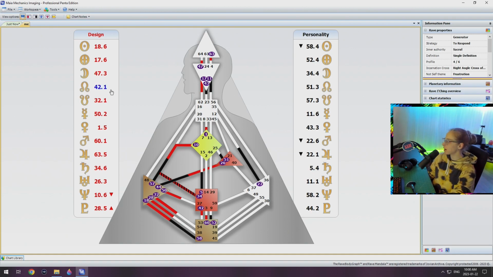Let's just stay on one side and not get confused by bouncing back and forth. Whether it be on the left-hand side or the right-hand side, there's a list of numbers and there's a word on top, whether it be design or personality. Some of these numbers are red over on the left-hand side, and some of them are black over on the right-hand side. That does mean something different, yeah.